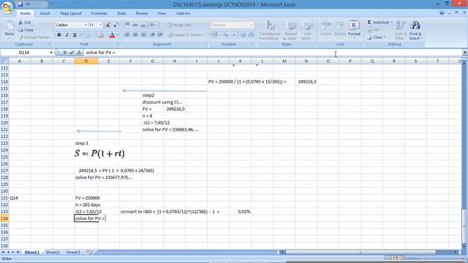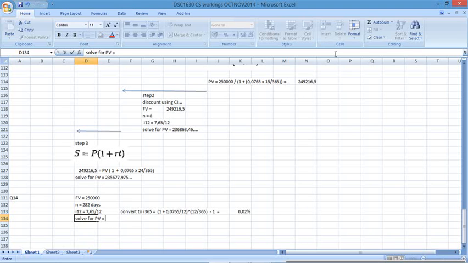That percentage I need to keep. N was 282. I was the 0.02. Future value is 250,000.